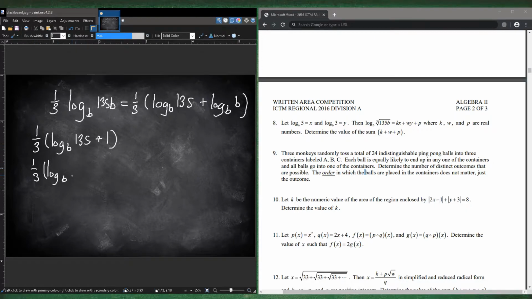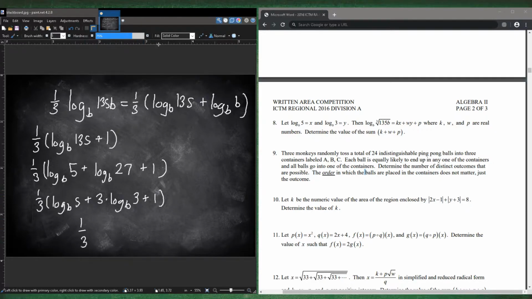You could divide a 5 out, so log base b of 5 times 27, right? So 1/3 of log b of 5 plus log b of 27 plus 1. 27 is just 3 raised to the power of 3, so it's 3 times log b of 3, plus 1.